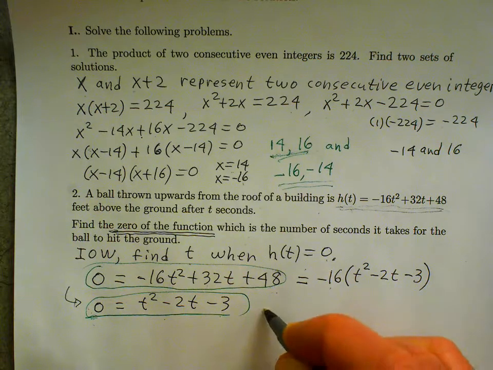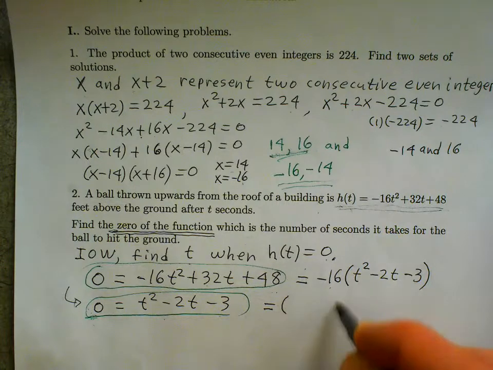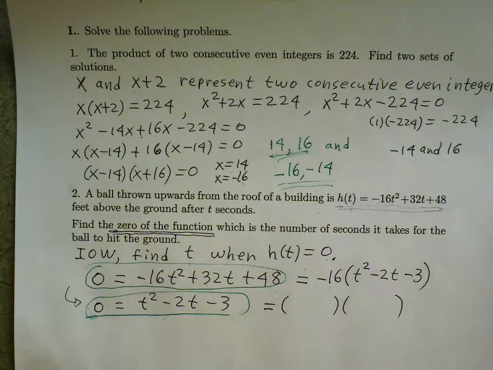You can pretty much tell by looking what the factors are. So why don't you take 10 or 15 seconds and find the factors, and you can type those in online.